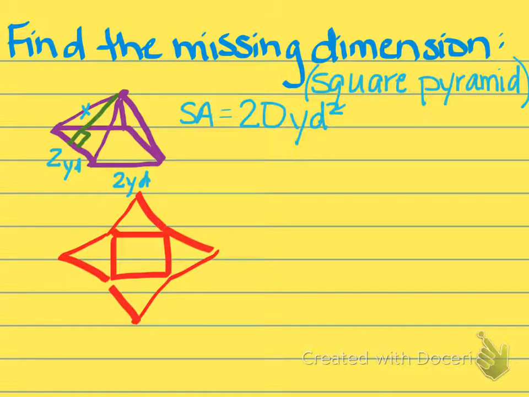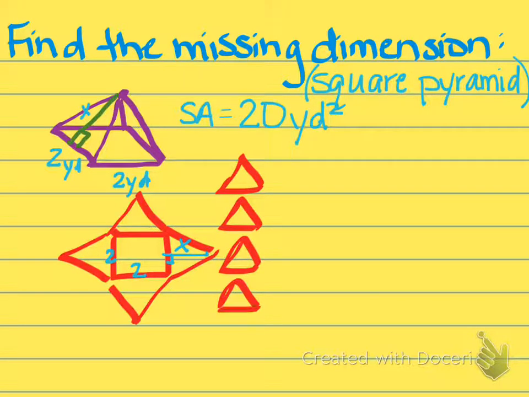If you're labeling your net, we would say our square is a 2 by 2 square, and then the height of these triangles is x. That's our missing dimension. Now I'm going to set up my parts. I've got my 4 triangles and my 1 square. For my triangles, I'm using 1/2 base times height.